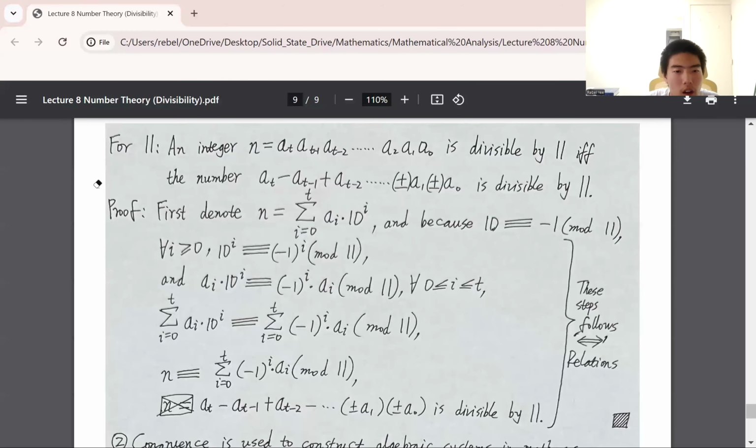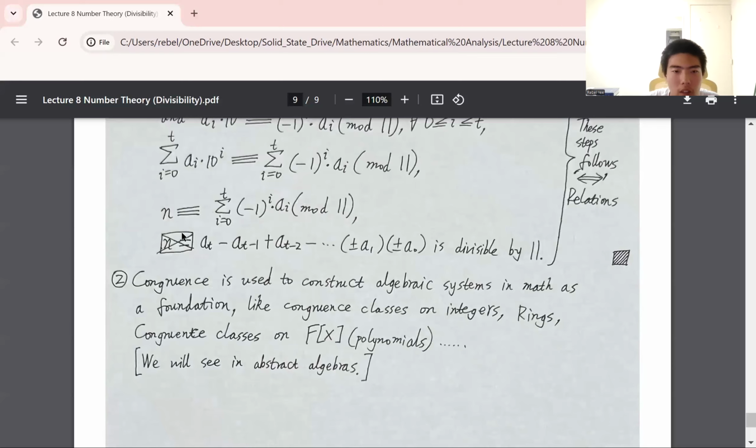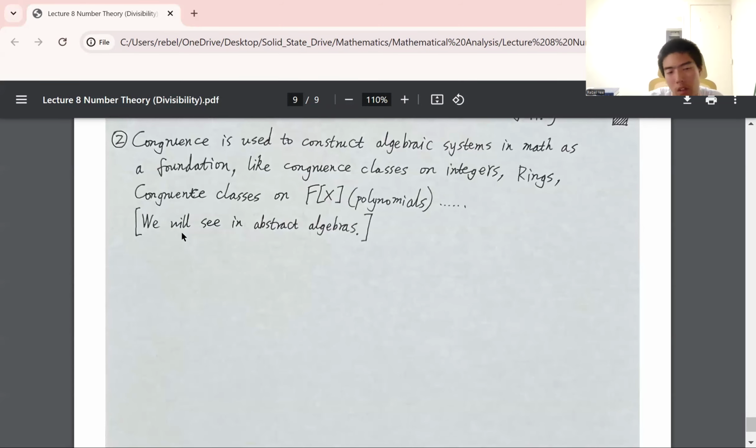And another application of congruence is that it is sometimes used to construct algebraic systems. The most common thing is called congruence classes on integers. And from that, people know about rings, and conformal mappings.